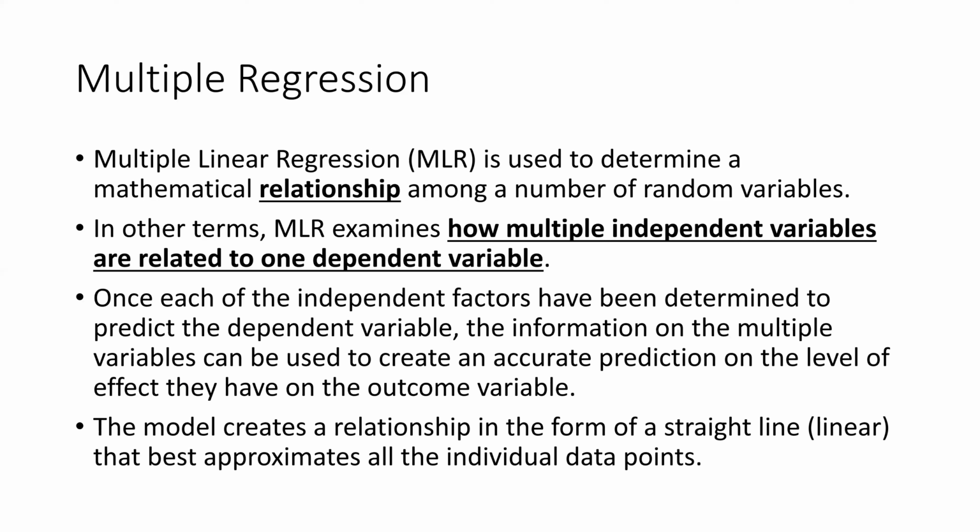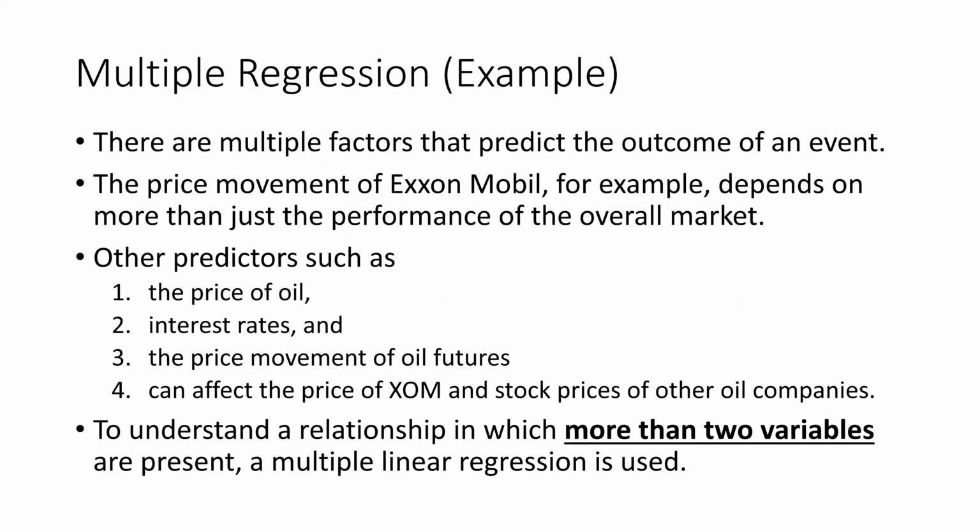Another example would be, what's the monthly saving amount for a French family? Of course, the first independent variable would be monthly income. The more you make, the more money you have to save each month.